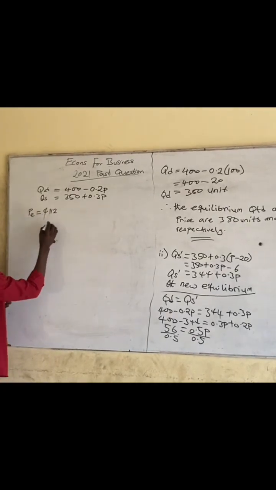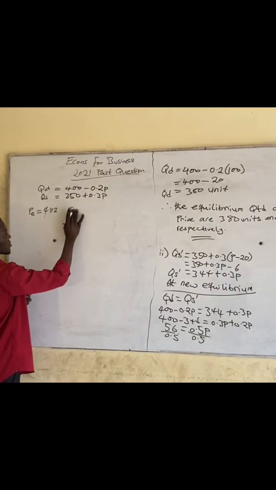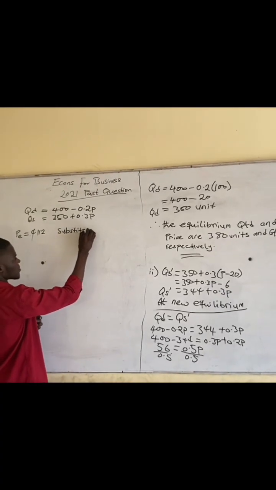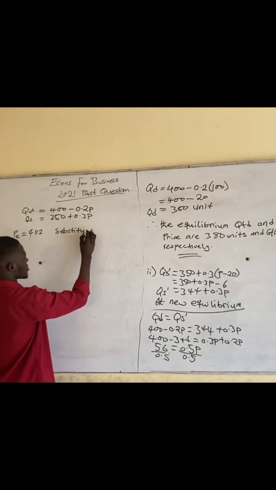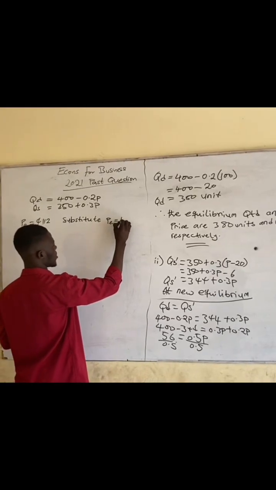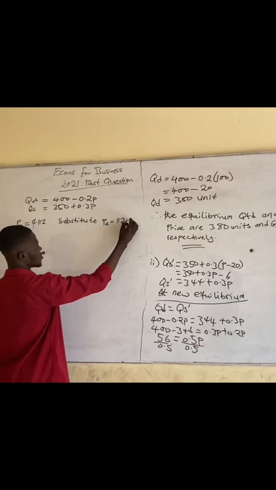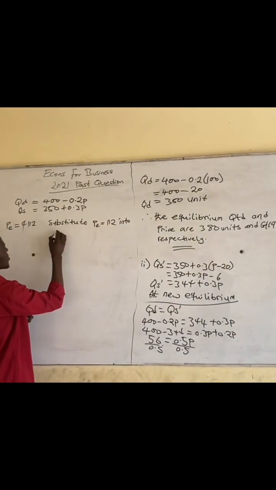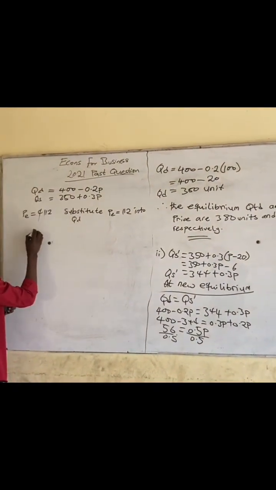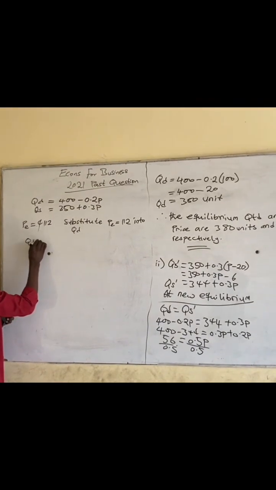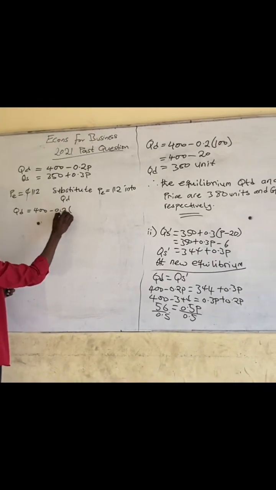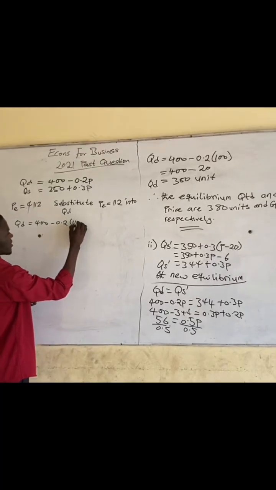Then substitute P_E equals 112 into the quantity demand equation again. Quantity demand equals 400 minus 0.2 times our P, which is 112.